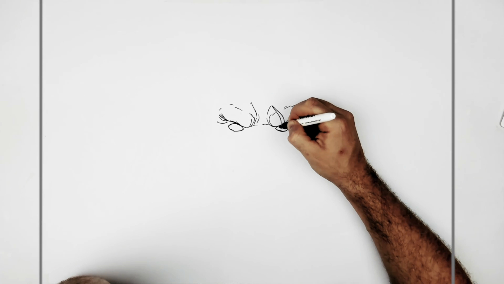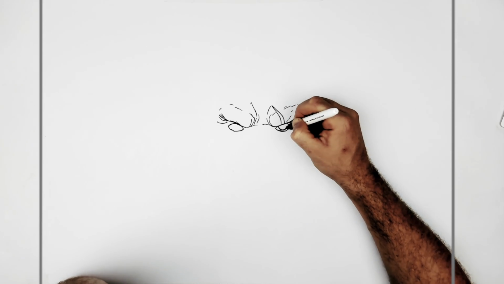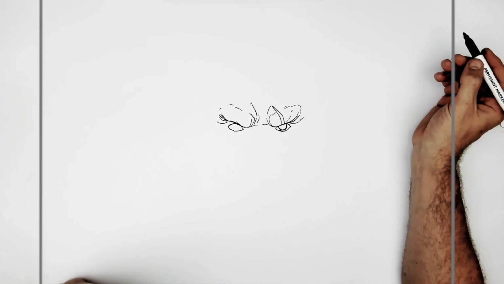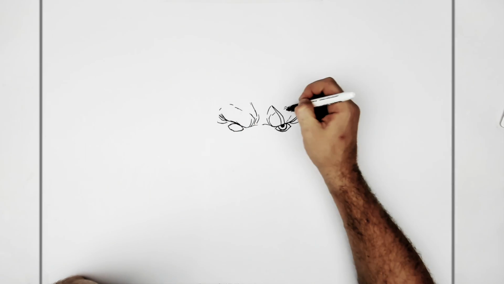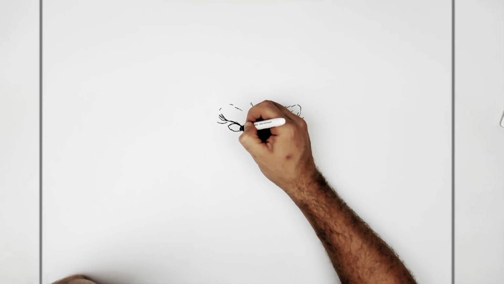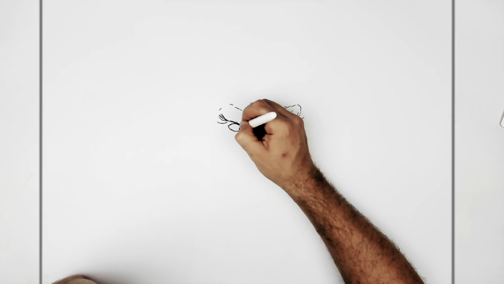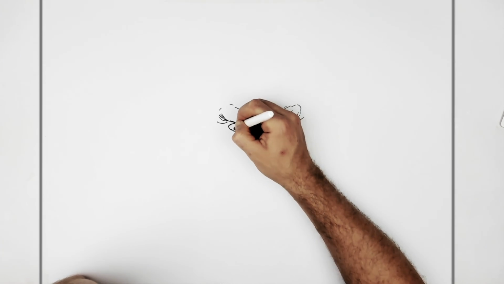So big iris, pupil then. Same over this side. Sort of a half circle.